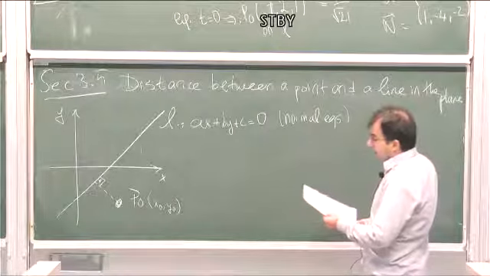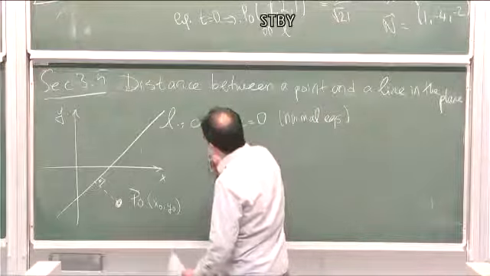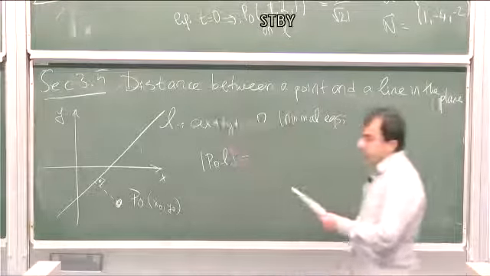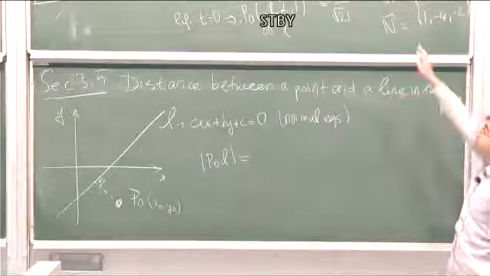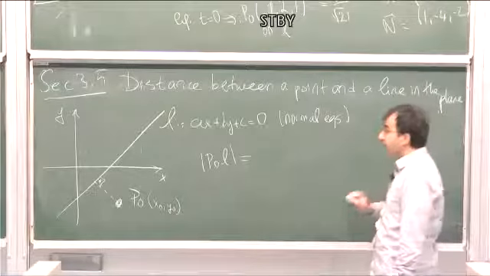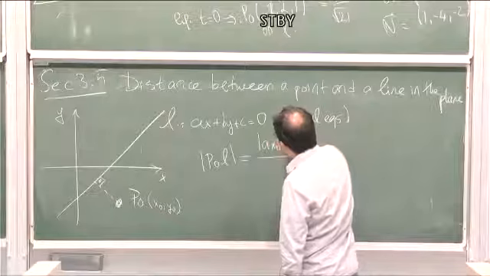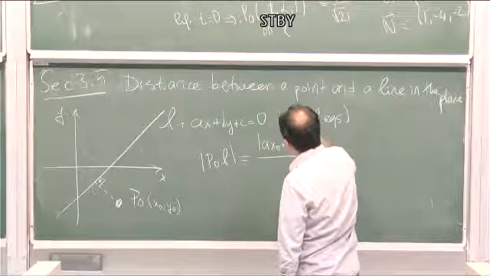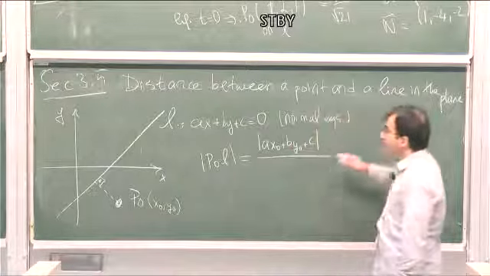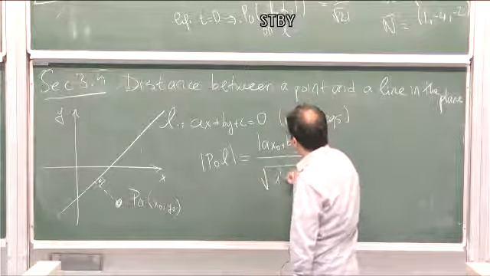Anyway, the distance between this point P0 and L will be the same formula we get for the distance from a point to a plane in space. Remember, we got the formula just by taking this one and the length of the normal vector.